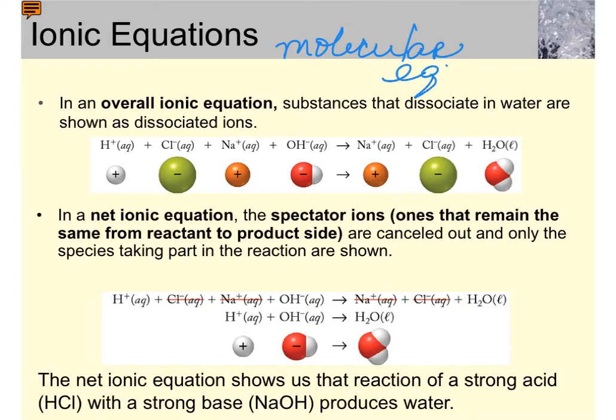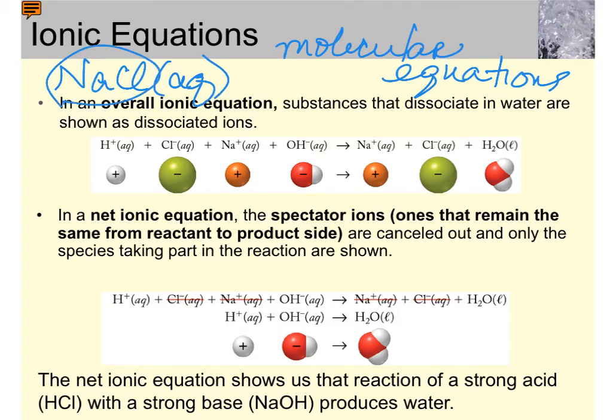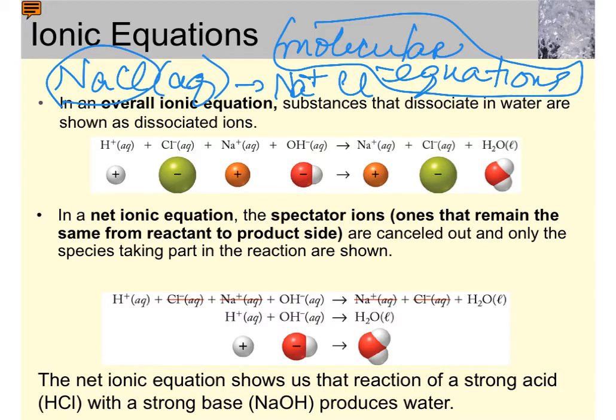So we know, for example, that sodium chloride, when it dissolves in water, doesn't exist as an intact ionic compound. We know that it exists as the individual cation and anion, but the molecular equation doesn't show that.